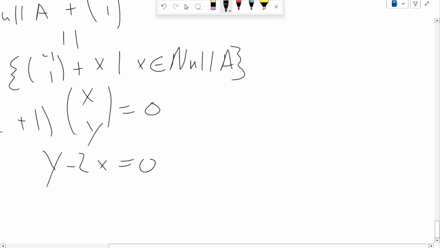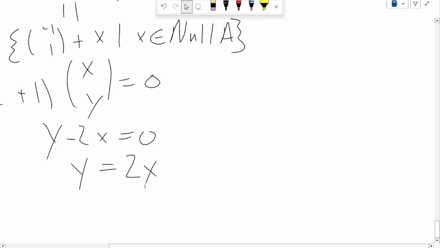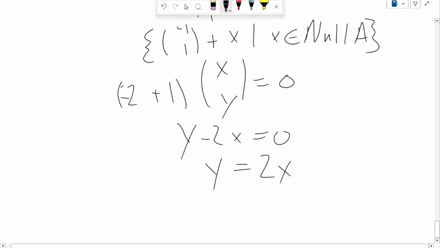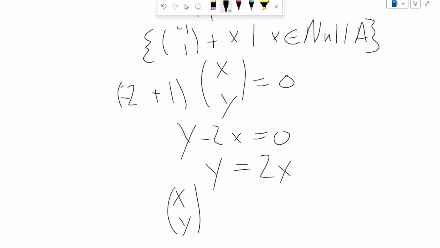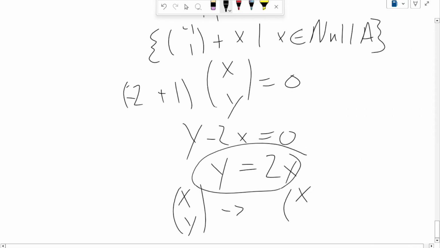And oh look, we're back to the equation y equals 2x, right? So the null space of this is going to look like, well, we have x, y. We substitute in the equation we have here, we get x, 2x, which equals x times 1, 2.